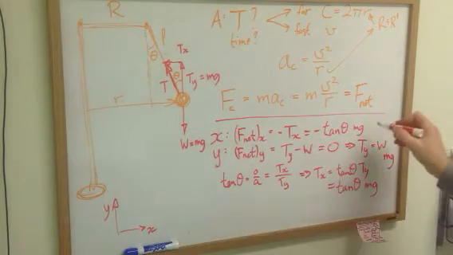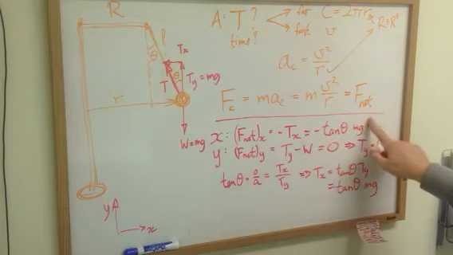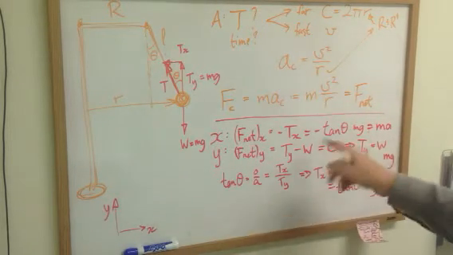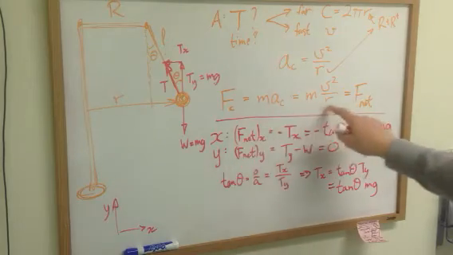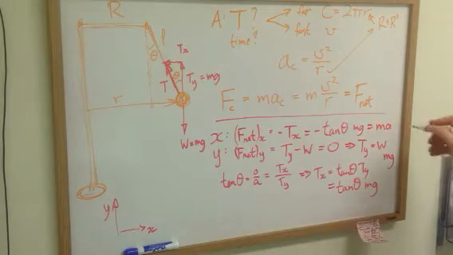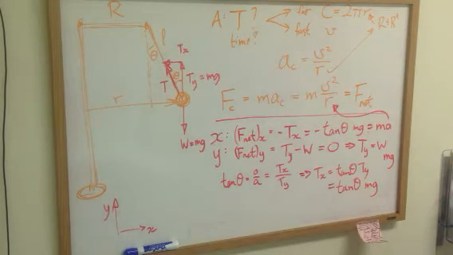There's only one force, and all forces cause accelerations. It's going to cause ma. It's going to cause this object to accelerate, and acceleration in circular motion has a special form, mv squared over r. So let's see if we can put it all together.